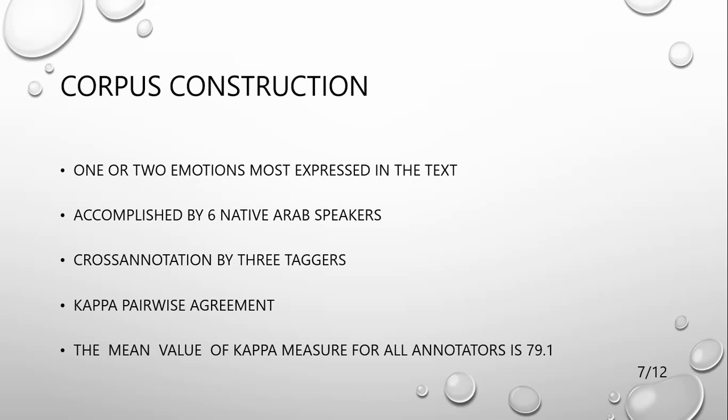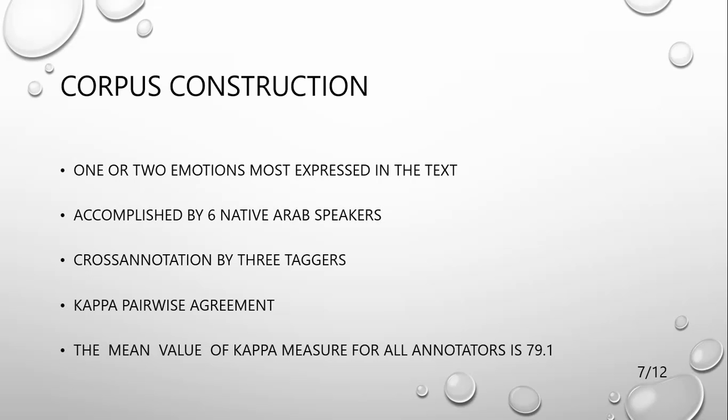In the way we have constructed the corpus, the taggers should annotate tweets with one or more emotions most expressed in the text. The neutral tag is annotated when none of the other classes can be annotated for a tweet explicitly. The emotion of the whole tweet was annotated by 6 native Arabic speakers. Each tweet was cross-annotated by 3 taggers to ensure the quality of tags.